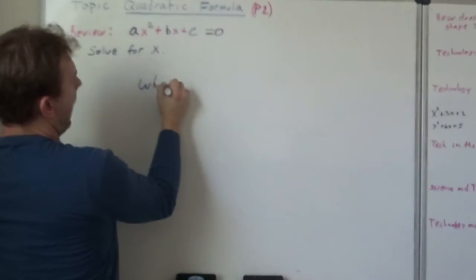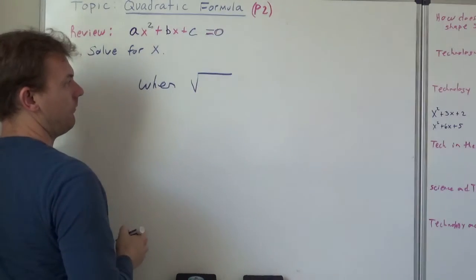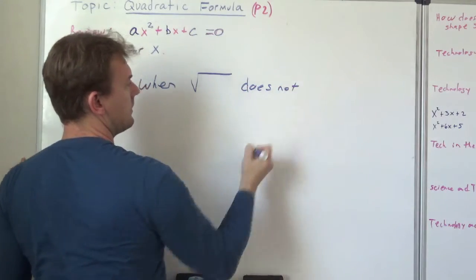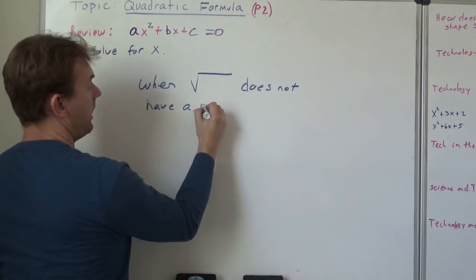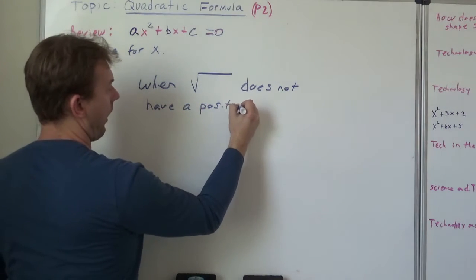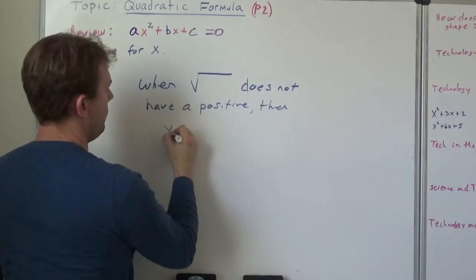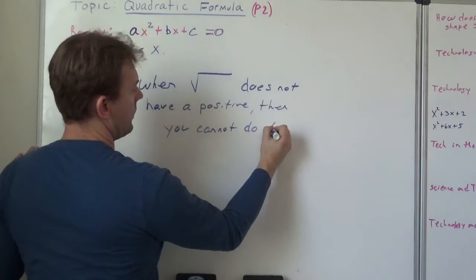When the square root does not have a positive, then you cannot do it.